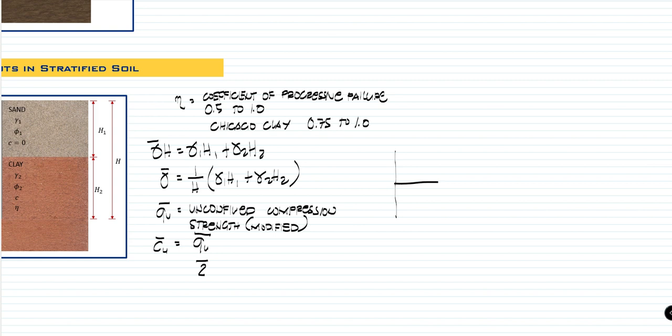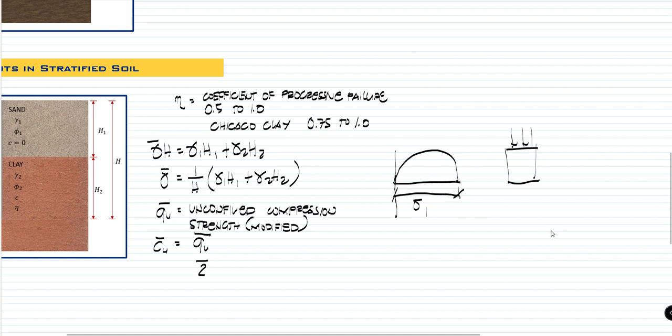Kasi alam natin from unconfined compression test na kapag nag-test tayo ng certain soil like clay, lalabas na circle or Mohr-Coulomb failure diagram na from 0, gaganon siya. Tapos, this is sigma 1. Si sigma 1, that will correspond to the unconfined compression strength nung clay natin. Kasi, since that is compression alone, wala naman yang initial stress or yung sigma 3 natin.